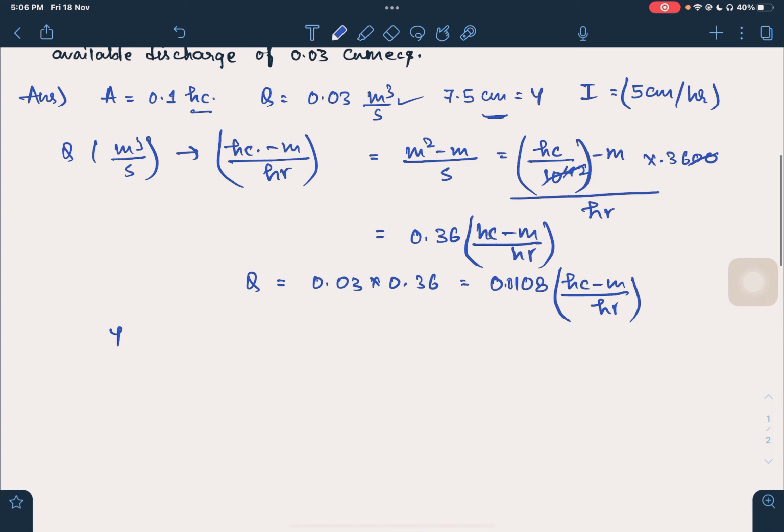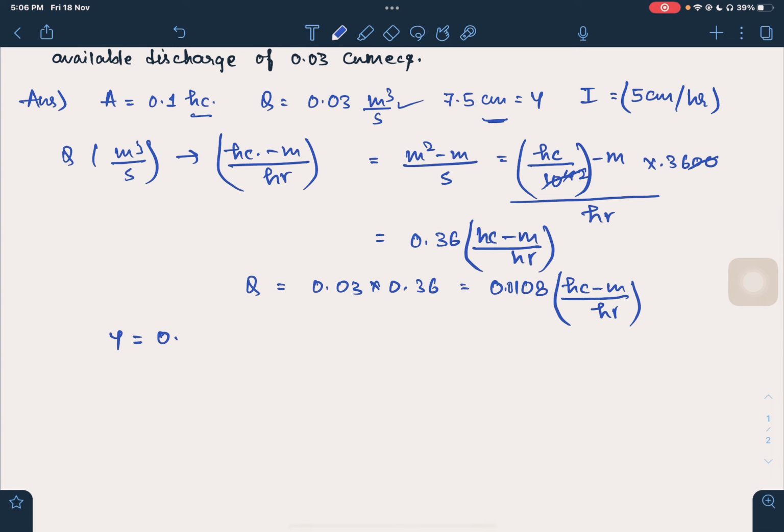Y can be easily converted to meter, that is 0.075 meters, and the other value is infiltration rate, that is 0.05 meter per hour.